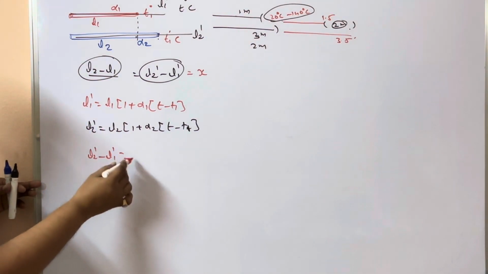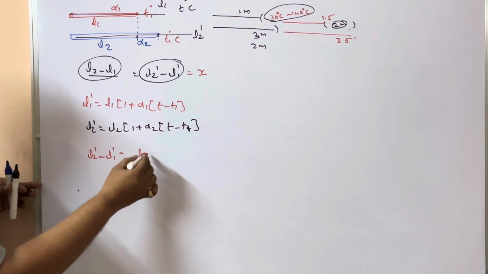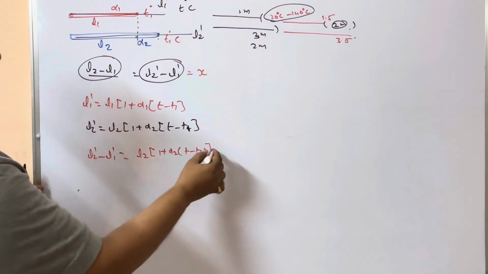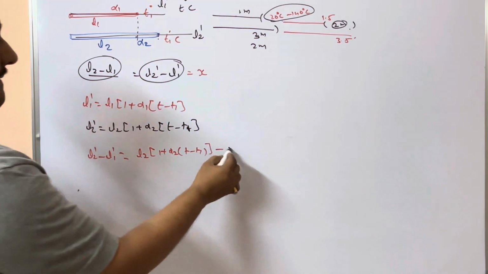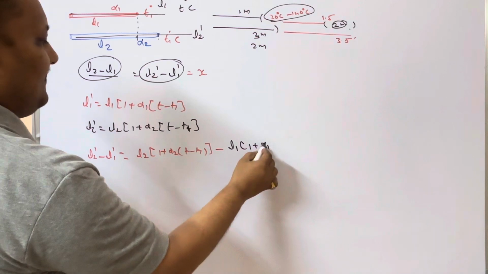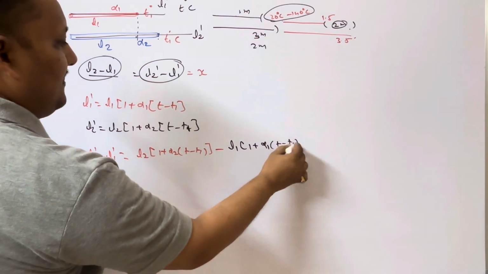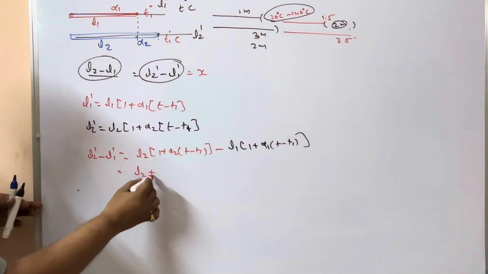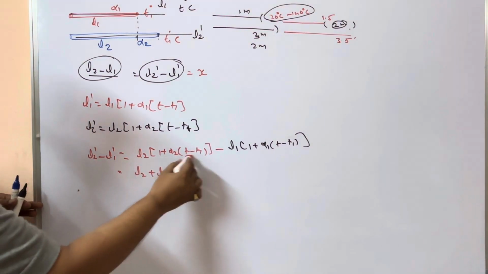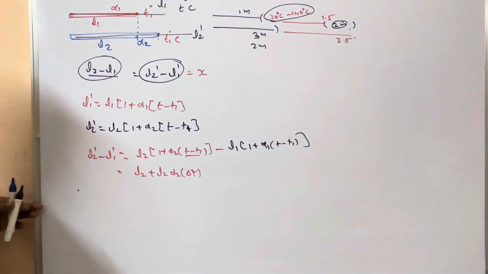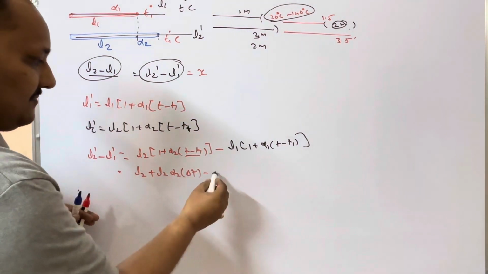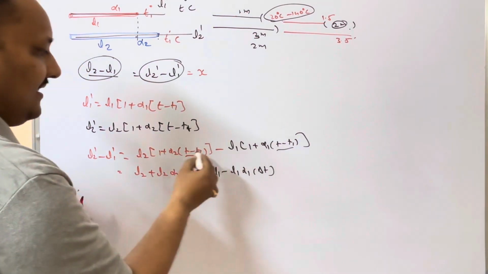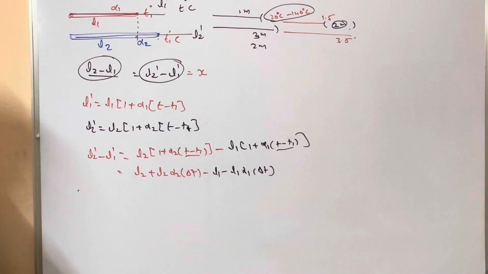L2 dash minus L1 dash is equal to L2 into 1 plus alpha 2 into T minus T1, minus L1 into 1 plus alpha 1 into T minus T1. After expanding, L2 plus L2 alpha 2 delta T, minus L1 plus L1 alpha 1 delta T, where T minus T1 is the same delta T for both.